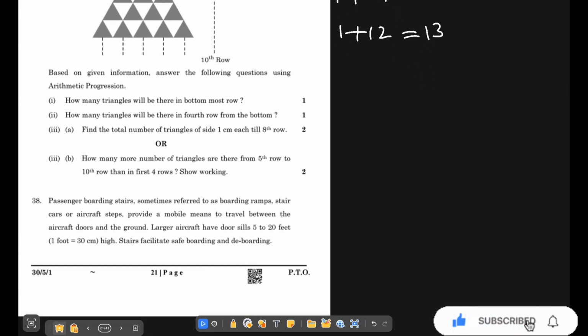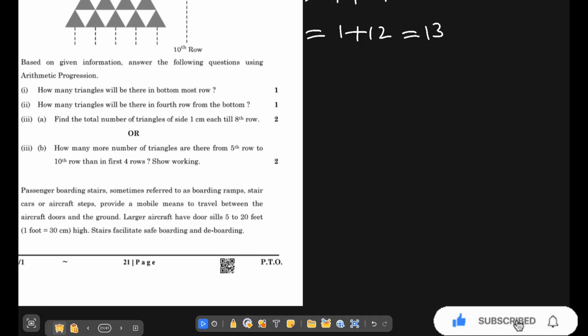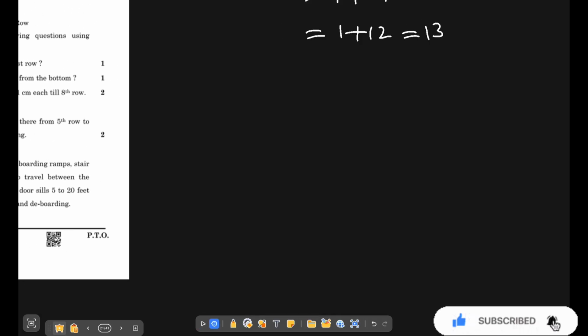Third A question is, find the total number of triangles of side 1 centimeter each till the eighth row. So we have to find the sum of 8 terms in the given AP. Till the eighth row, the total number of triangles we have to find.